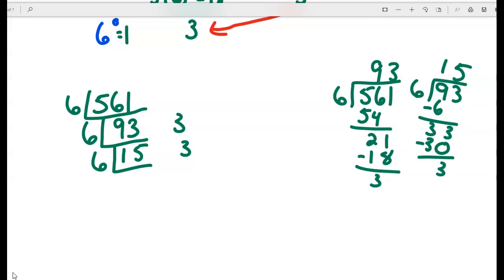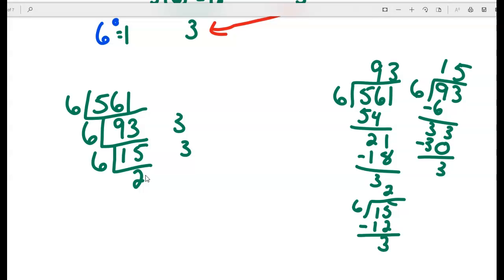Okay, then we look at 15. 6 goes into 15 how many times? Twice. So it goes in twice, and that's 12 with a remainder of 3.